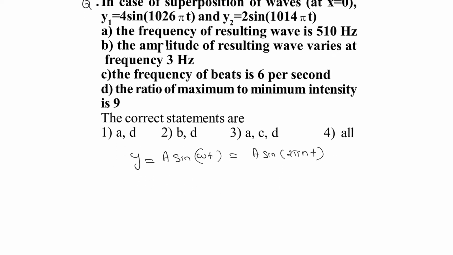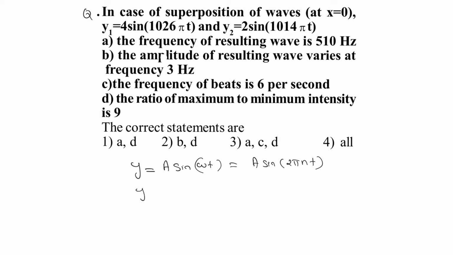So if you are comparing it with the first equation, which is given that y1 is equal to 4 sine 1026 pi t, and comparing with the equation a sine 2 pi n t, we can find out the value of frequency over here.